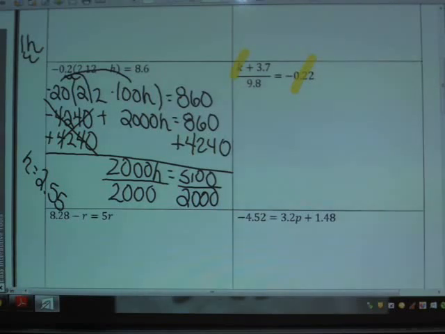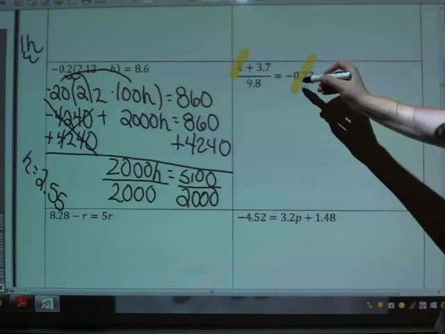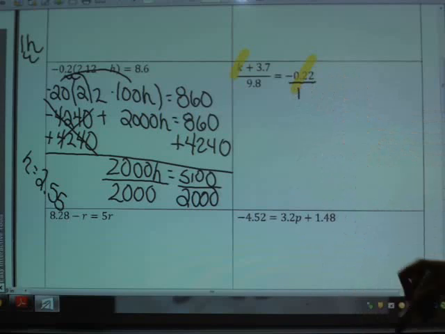Again, there's two techniques here. You can put the 0.22 over 1 and cross multiply, or you can just multiply by the 9.8 right away, which either case would get this to look like just a regular old problem, more like what we've seen in the first three that we've done. I'm going to go ahead and put this over 1 as I've suggested and cross multiply.